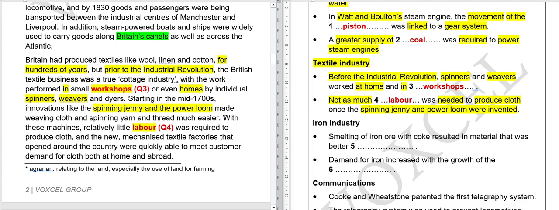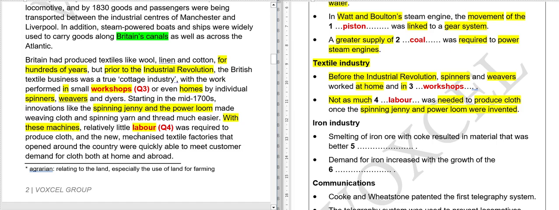Because they have used pronoun referencing. Here they have written these machines. These machines refer to number 1 and number 2, spinning jenny and power loom. So 1 and 2 plural. So these plural machines. So what we need: relatively little labor.